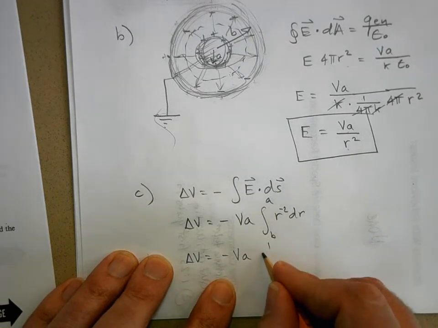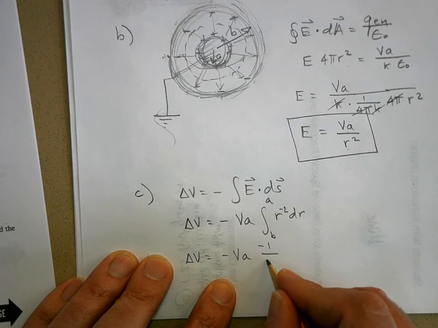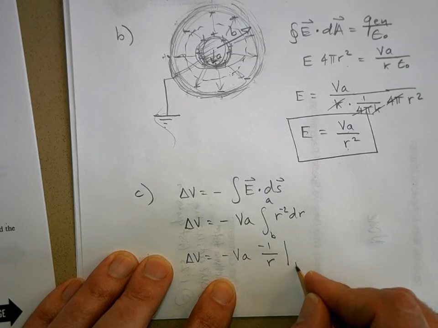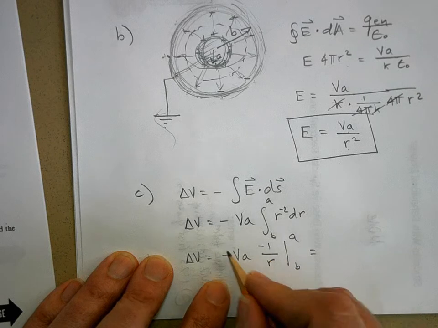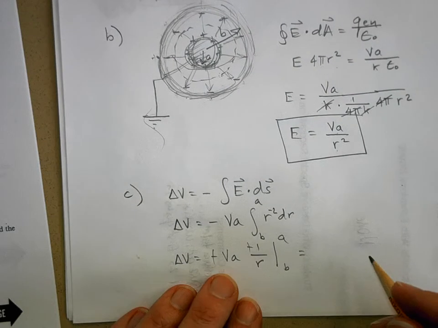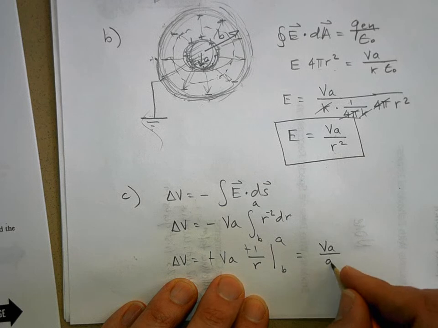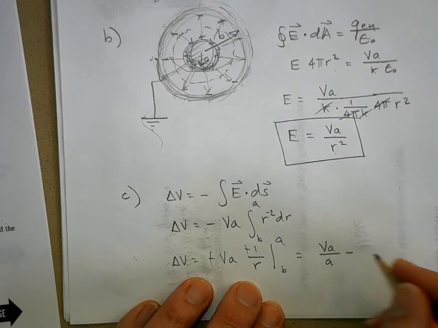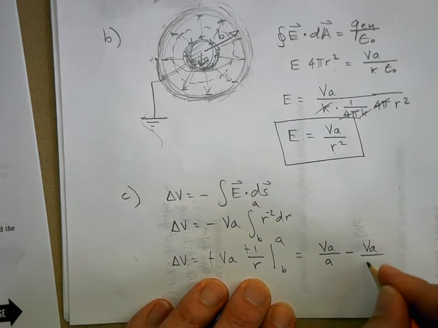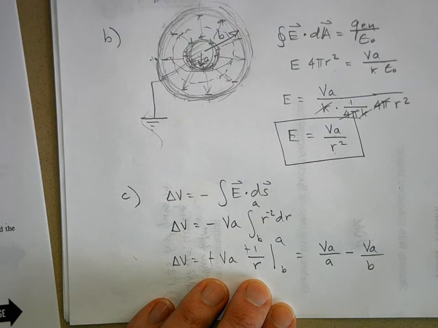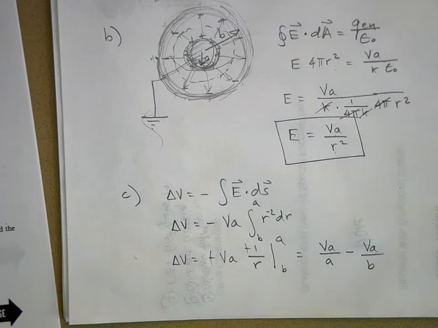You got negative 1 over r, measured from B to A. So these negatives cancel, and you get VA over A minus VA over B. In the solution guide they express it a little bit differently, and they have various different ways of doing it. So there's more than one way to do this.